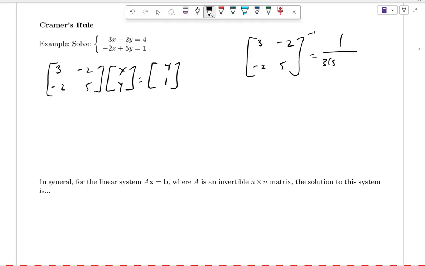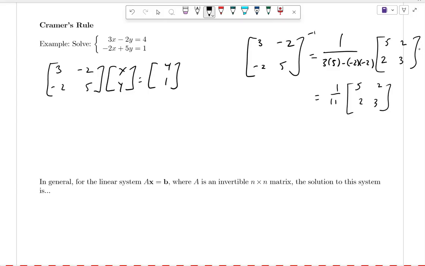Yeah, 1 over AD minus BC times, you flip your main diagonal and negate the off diagonal, right? Okay. What do we get here? 11 on the bottom? If I did my arithmetic right.